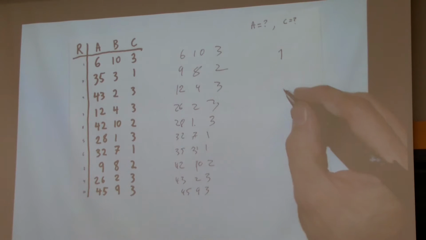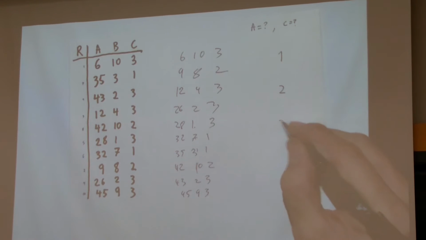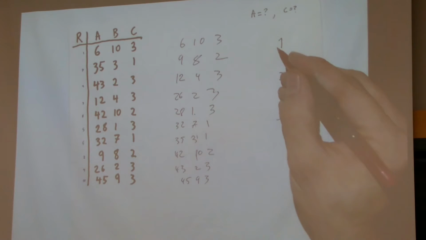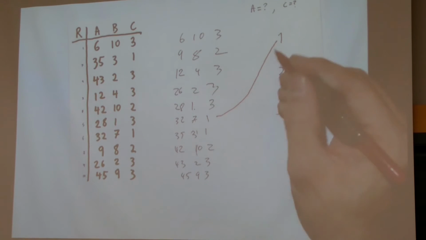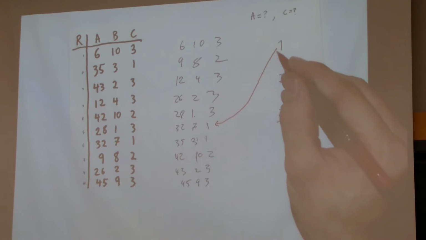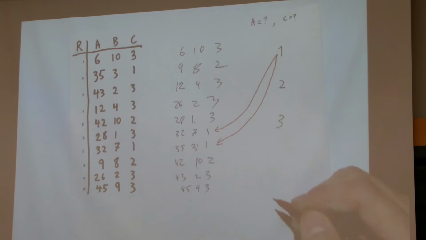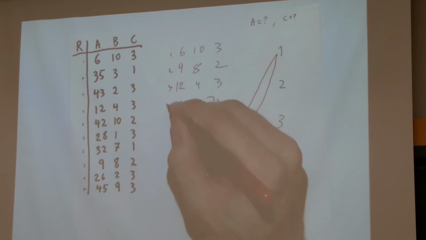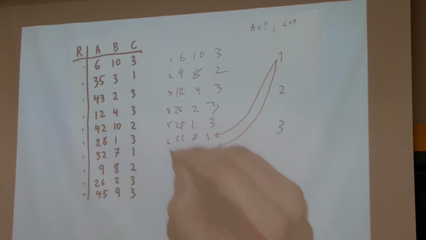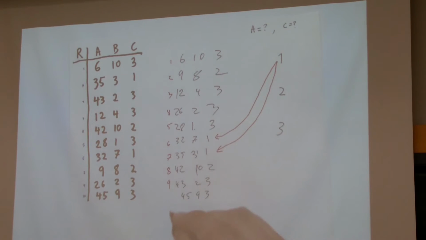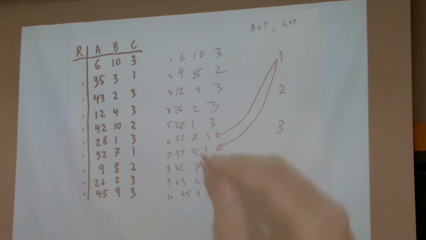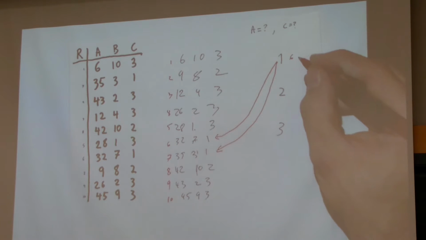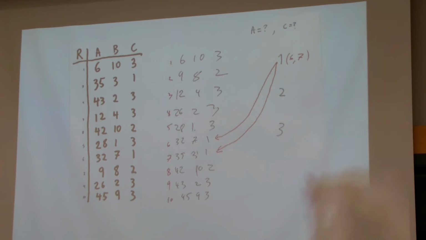an organization of my C's, and essentially have a little bit of a set of pointers, something that says, oh, by the way, there's a C with 1, and there's a C with 1. Or if I number all of these records, 1, 2, 3, 4, 5, 6, 7, 8, 9, 10, then I could store, oh, by the way, record 6 has a 1, and record 7 has a 1.